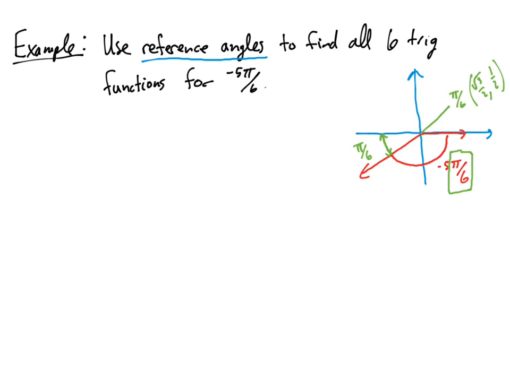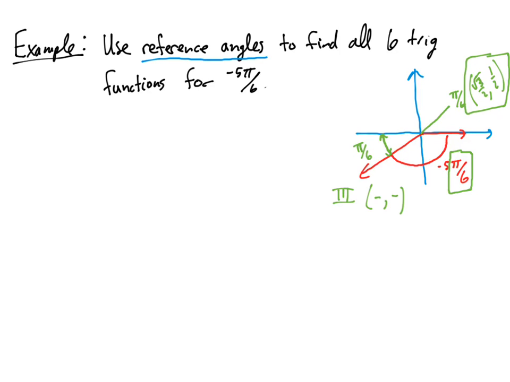So we can use these coordinates to figure out the trig function values. The only other piece to remember is our original angle, -5 pi over 6, is in quadrant 3. When we're in quadrant 3, the x-coordinate is negative, the y-coordinate is negative. So really, we're going to use these coordinate values, but just giving them both a negative sign because we're in quadrant 3.